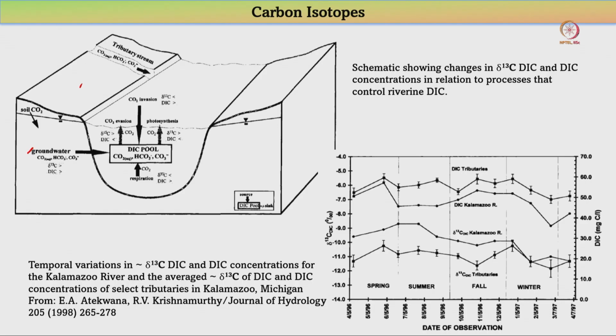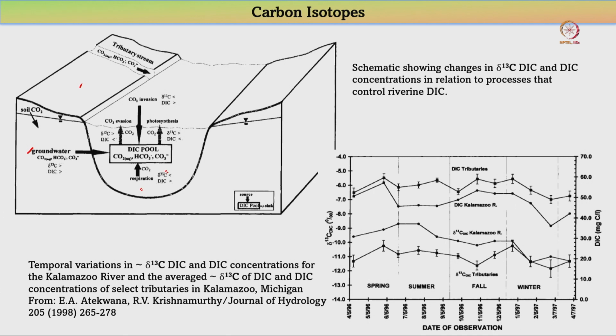Okay. And the different kinds of interactions: for instance, if there is respiration going on, what will happen? The DIC will increase, but the delta 13C values are getting lowered.